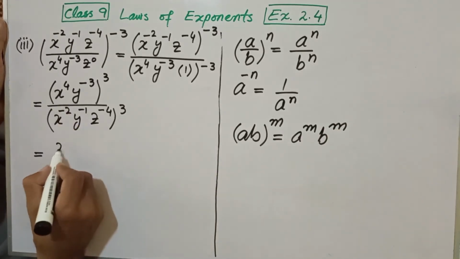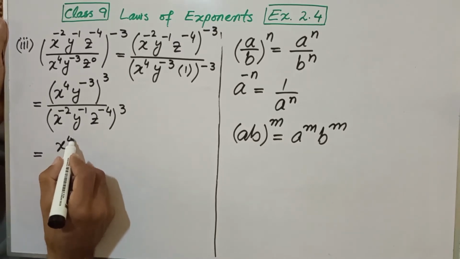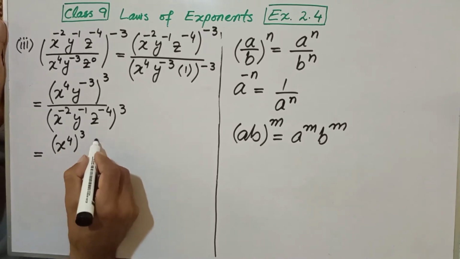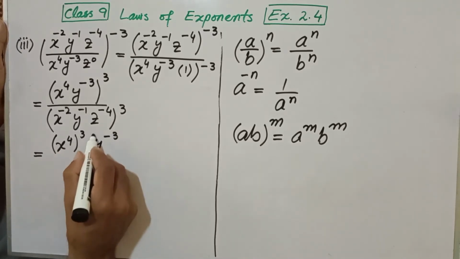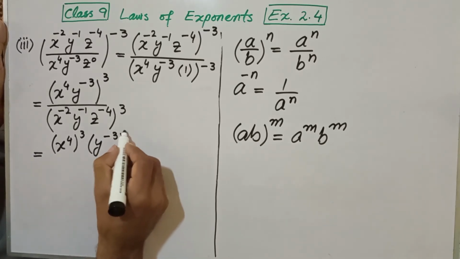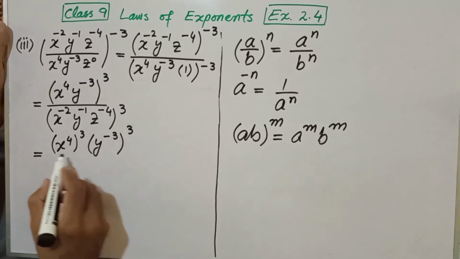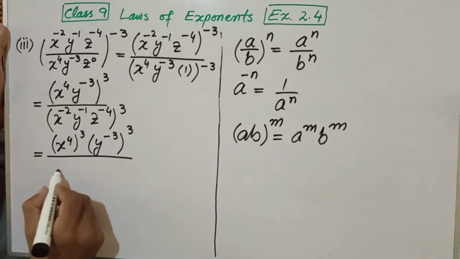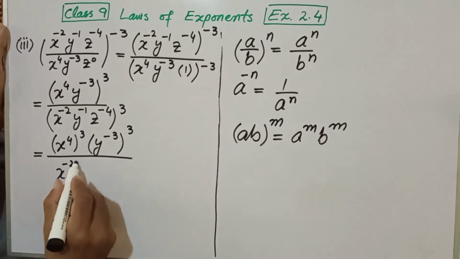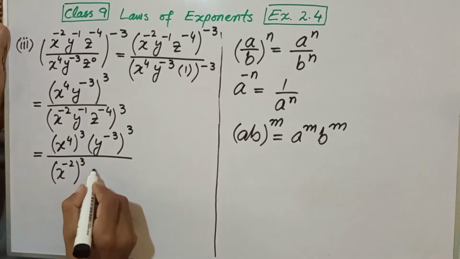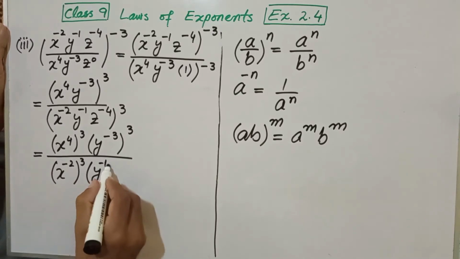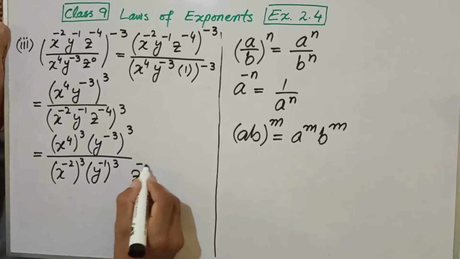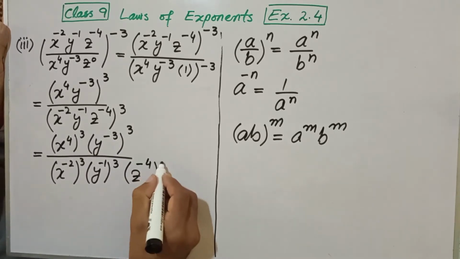So here x4 power 3 into y negative 3 power 3, and using the same property over here as well, x minus 2 cube, y power negative 1 power 3, z power minus 4 power 3.